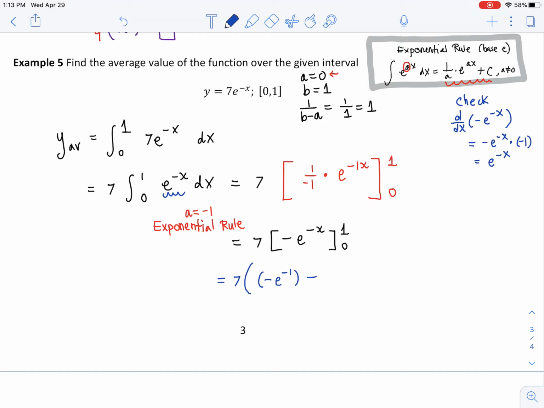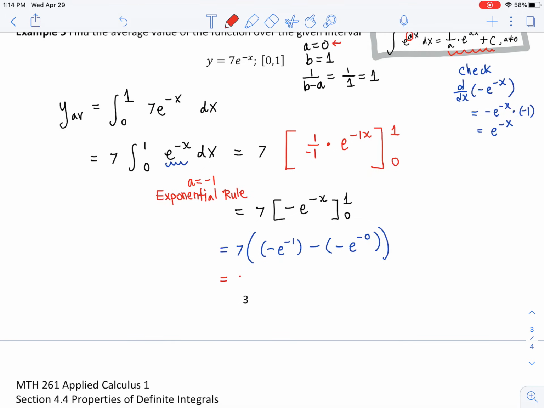All right, let's go ahead and plug in the bounds. That will be 7 times negative e to the negative 1 minus negative e to the negative 0. All right, let's simplify this. This is going to be 7 times negative e to the negative first. There's nothing I can simplify about that one. But what is anything to the 0 power?